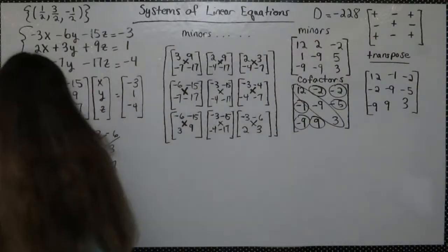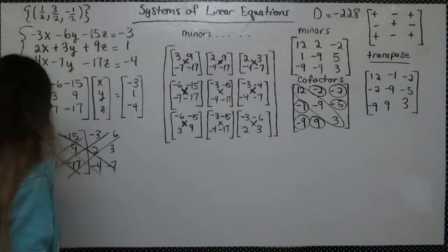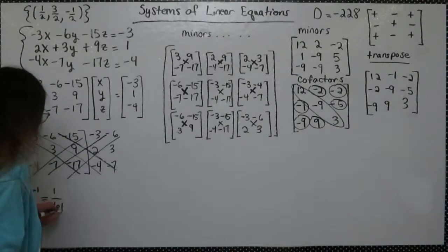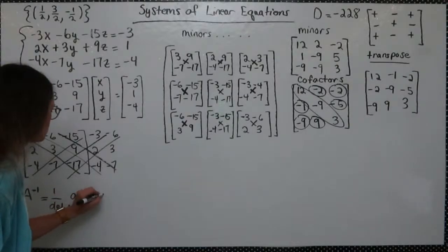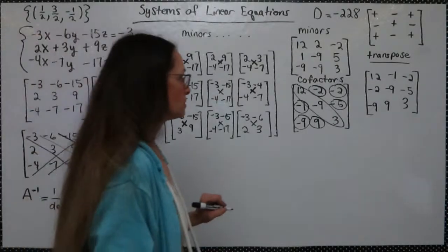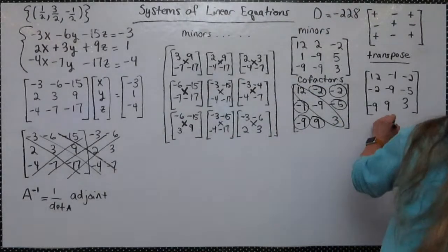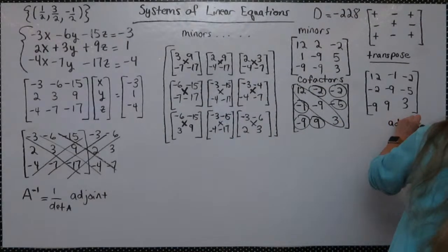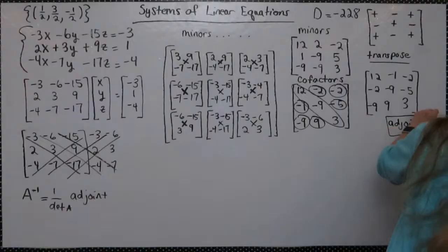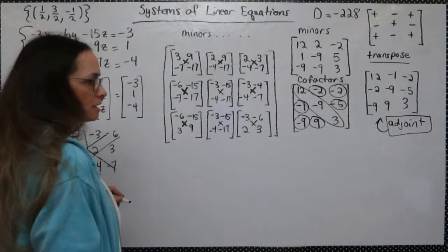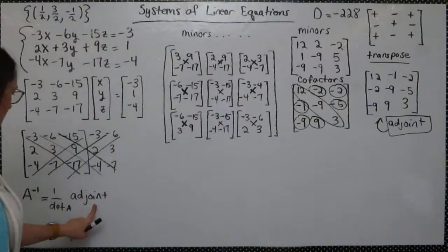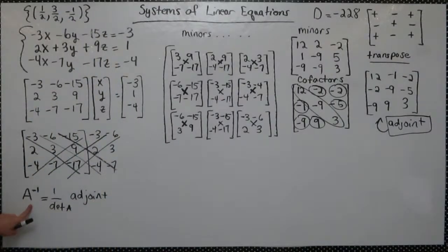Scratch that. It's 1 over the determinant times the adjoint. Right. So this is the adjoint. That is the adjoint matrix right there. So we figured that out. We figured the determinant out. Now to calculate A inverse, we just simply have to multiply by 1 over the determinant.